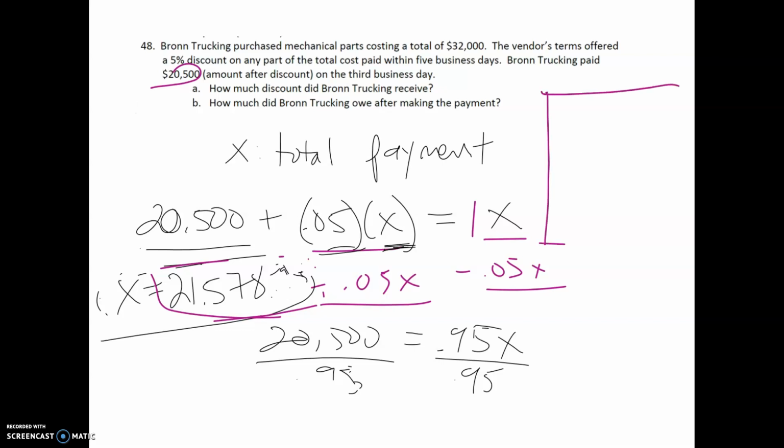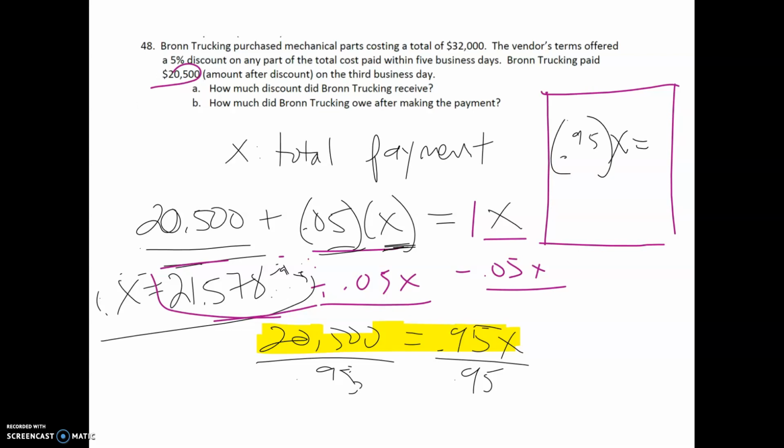Let me jump back to the beginning and highlight this equation here. Let's see if we can come up with a new way to do this. Maybe you like this way better. If you paid 20,500 and you got a 5% discount, then that means you only paid 95% of the total amount.